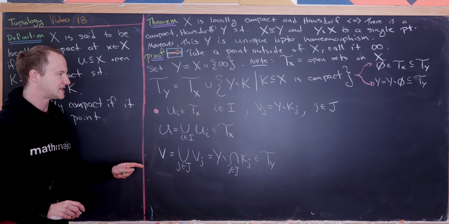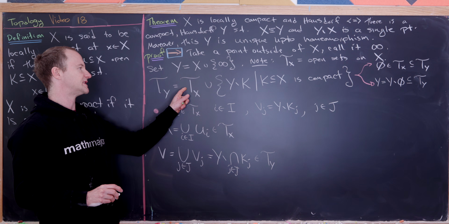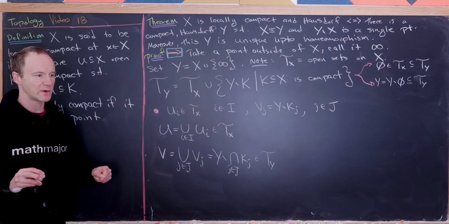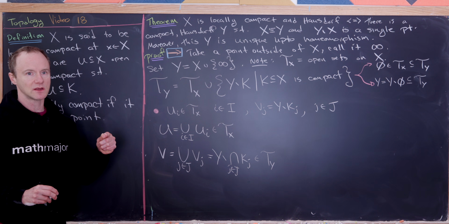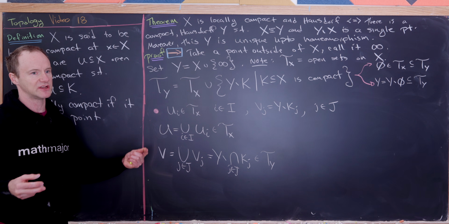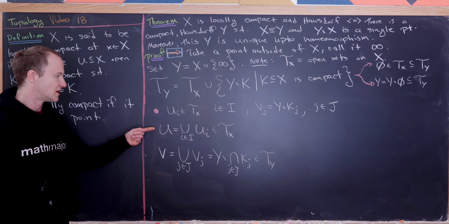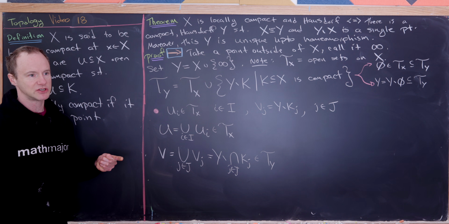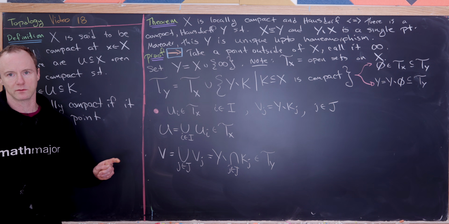Okay, now we just have to see what happens when we take the union of something from T sub X and something from this other bit right here. And observe that we only need to look at one from each. And that's because we can just take any larger collection that includes both types and first maybe do this procedure on them to break them down into open sets that are either in T sub X or in the other type, and we'll be good to go there.